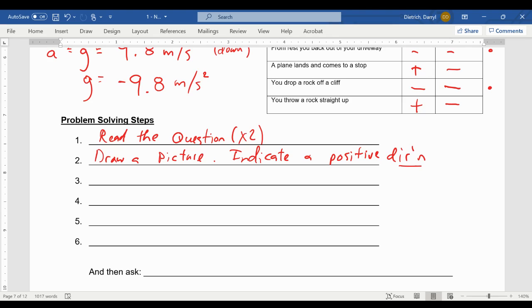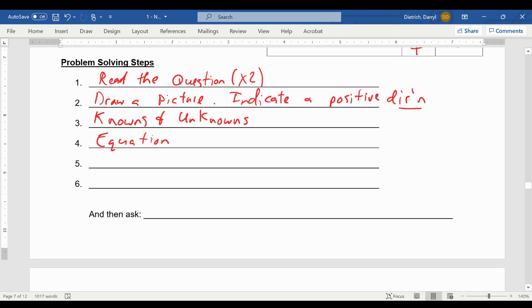Okay, step 3 in our problem-solving steps, I'd like to show our knowns and unknowns. What's given to us in the question, and what are we trying to find? Okay, step 4, let's state what equation we are going to use to solve the problem. Okay, step 5, I like to refer to as the plug and chug.